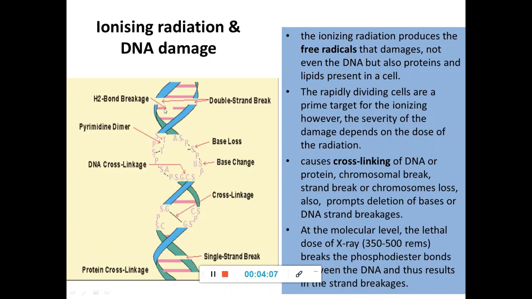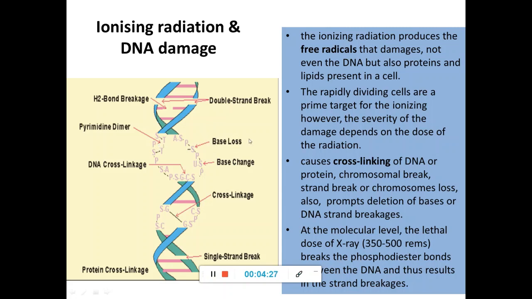You can see that hydrogen bond breakage can happen. Even double strand breakages can happen, that is, this is a strand of DNA and this is a strand of DNA. So double strand DNA breakages can be caused by ionizing radiations. Sometimes pyrimidine dimers might be formed.